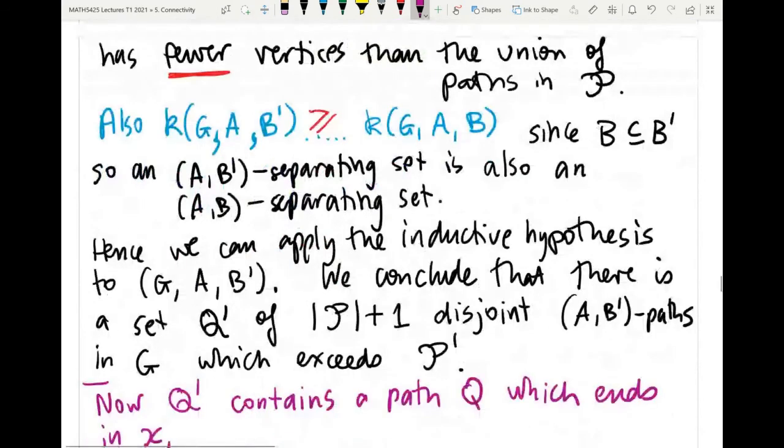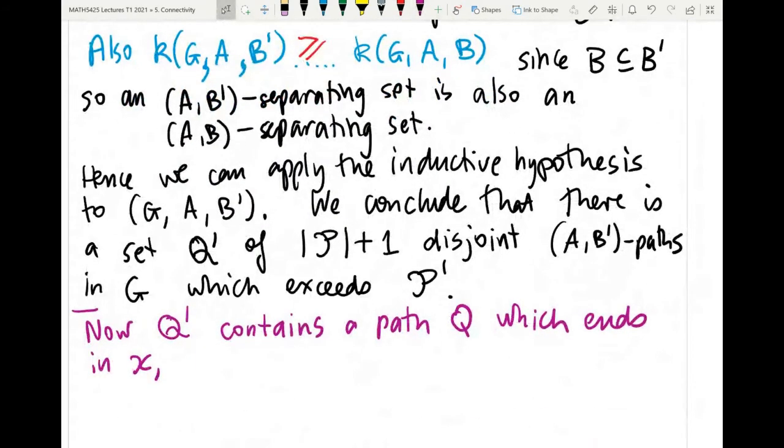We definitely have a path Q in curly Q primed ending in X. And furthermore, it has a unique path, which I'm going to call Q primed, and that's why I'm trying to be clear with what's curly and what isn't, because it makes a difference.